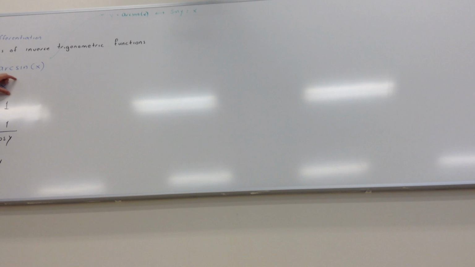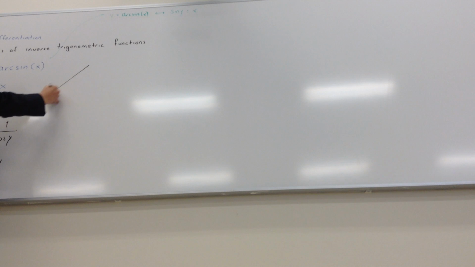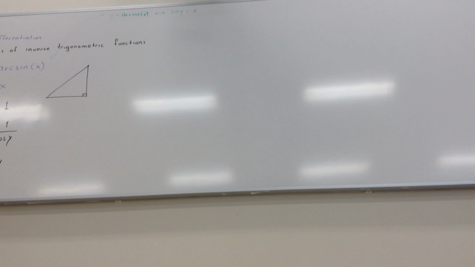From this expression, I'm going to start drawing a right triangle. A normal right triangle. The angle doesn't matter. But in this case, this y represents what in my triangle? The angle. Very good. Why? Because remember that you have sine of something. That something is always the angle. So the angle is going to be y.